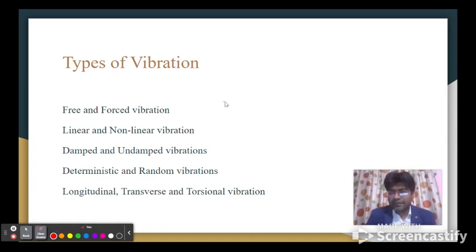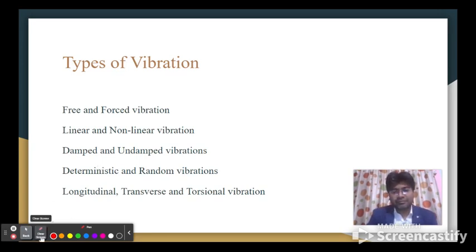If a body or a structure goes under vibration and the force has been removed from it, like previously, if this is a structure and I apply a force over here and remove it, it is actually going under free vibration only. Okay, but the force or displacement element has been removed from it.